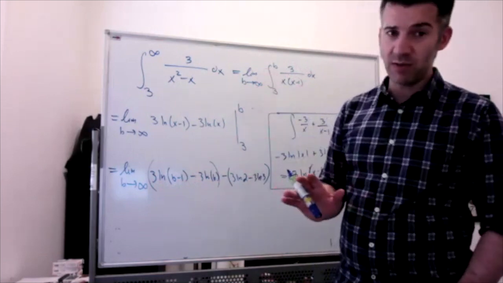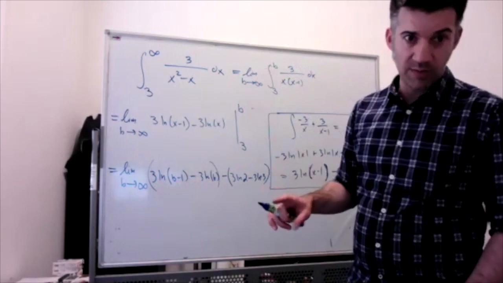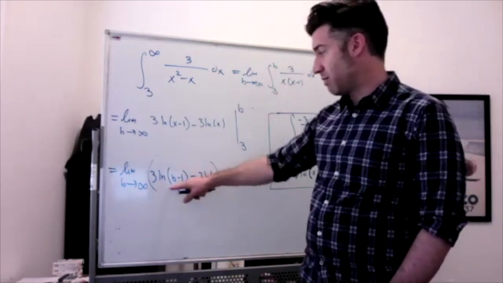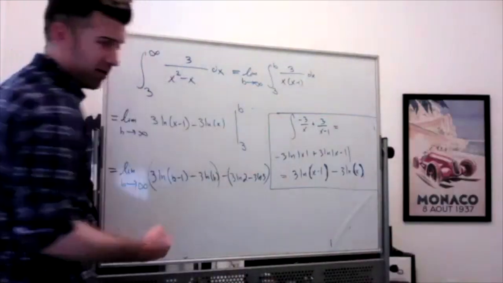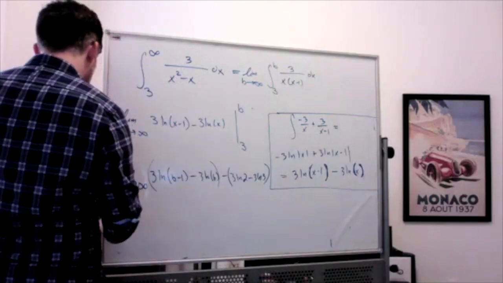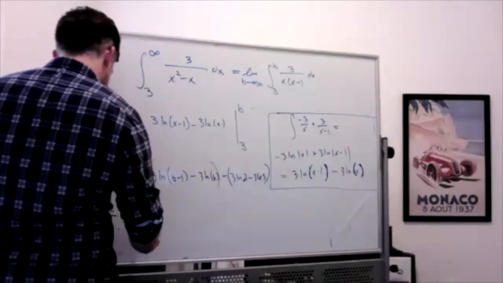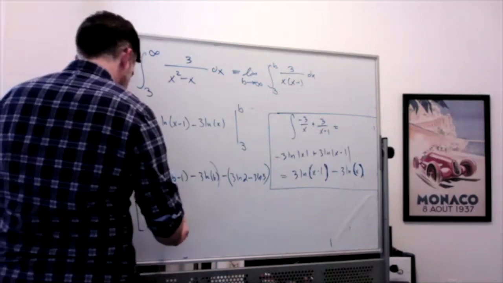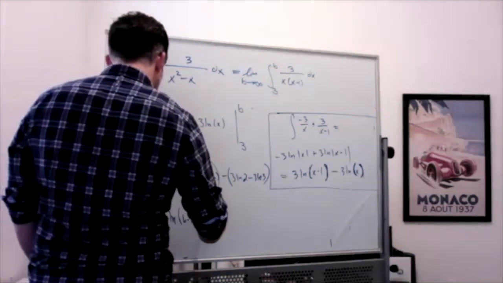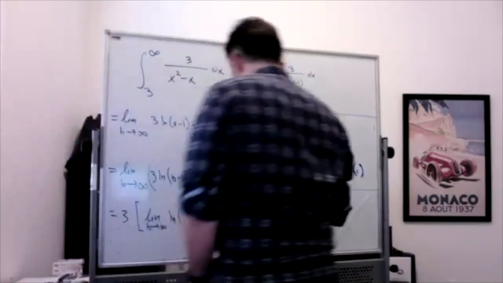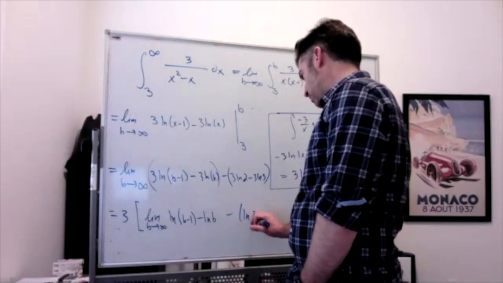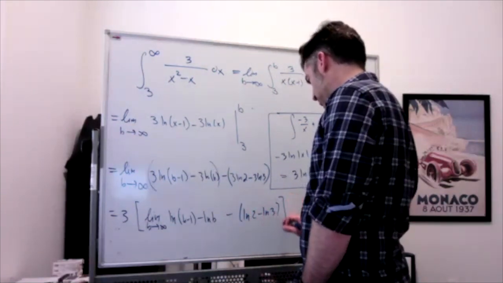Sometimes it involves L'Hopital's rule. We don't need to use L'Hopital's rule here. What we do need to use is the fact that we can combine these natural logs. So I can factor out a 3 from the whole thing. This is equal to 3 times the limit as b goes to infinity of the natural log of b minus 1 minus the natural log of b, minus natural log of 2 minus natural log of 3.